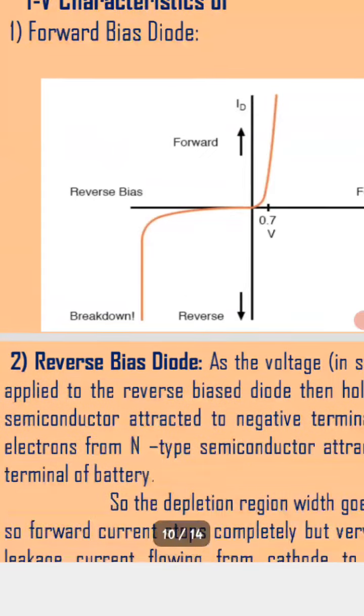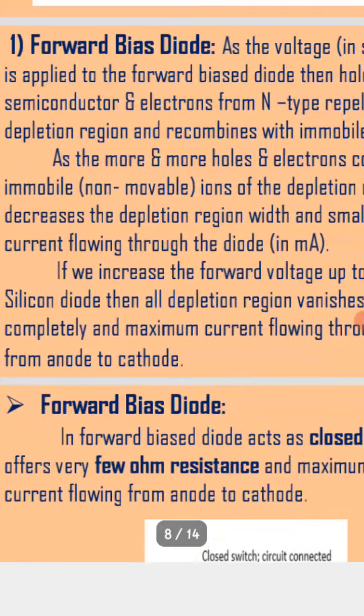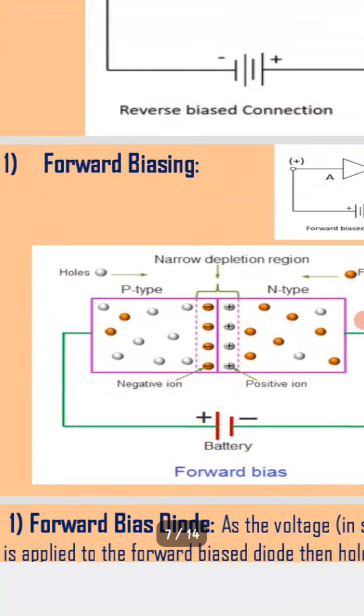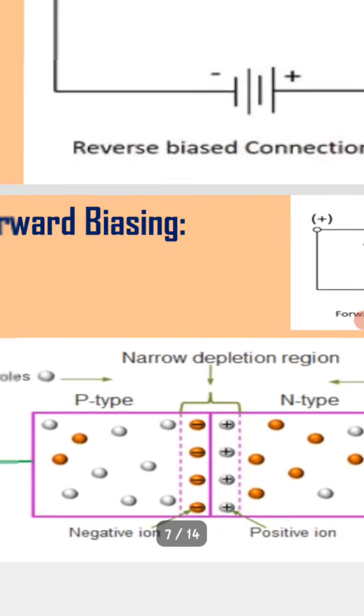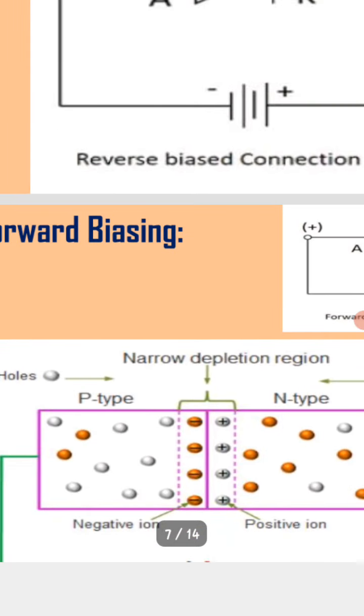So from this table and from this figure, holes as well as electrons are attracted towards the battery, and some minority charge carriers, that is electrons from the p-type and holes from the n-type, are repelled towards the junction.